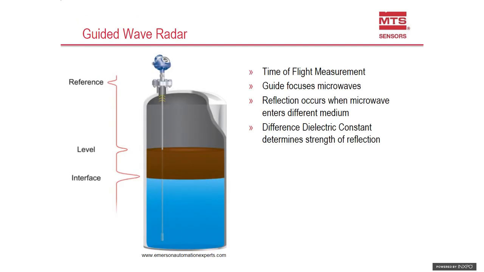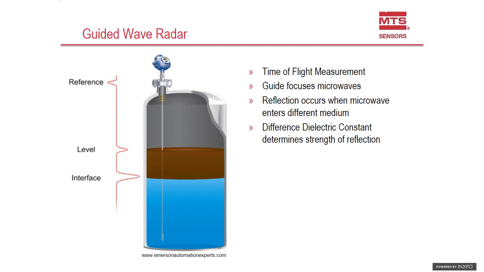The next technology we're going to take a look at is the guided wave radar. So here you have a radar transmitter that has a guide, typically either a pipe or a flexible cable, and it uses that pipe or cable to guide the microwaves that it's sending out.